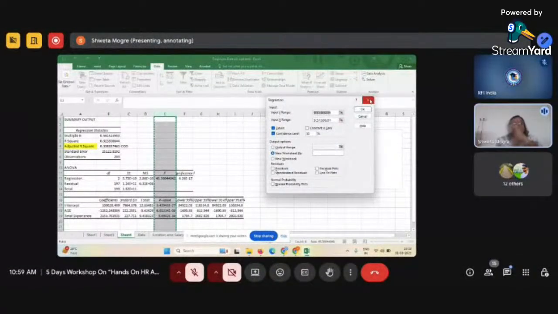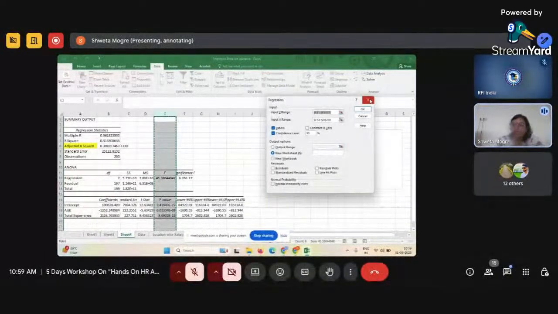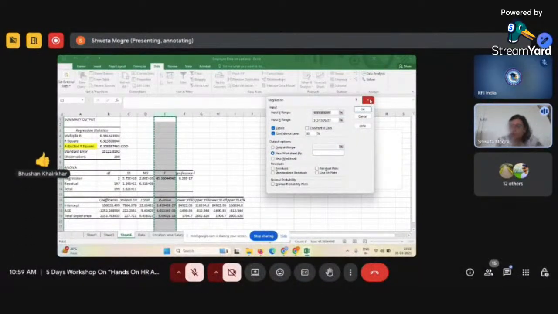So now I am giving you the explanation. Level of significance is how much error we can tolerate. There are 3 levels: 1%, 5%, 10%. These 3 levels are universally accepted. What is the meaning of 1%?